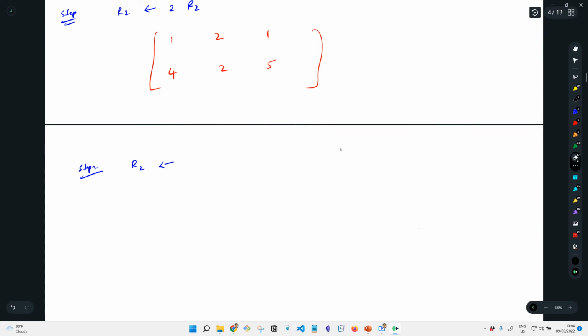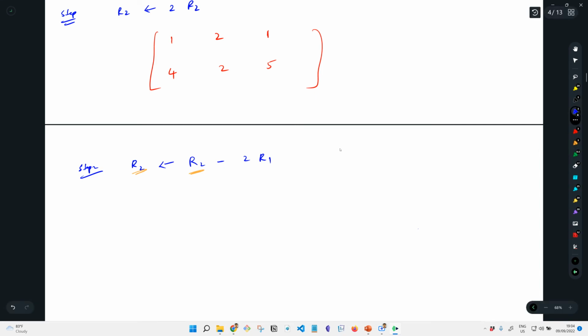But for now, let me always follow the convention that if you take R2, you will only do operations on R2. So then I will do R2 minus 2 times R1. At least for the purpose of this session, let us make the equation always of the form R2 equals R2 plus or minus whatever you want.